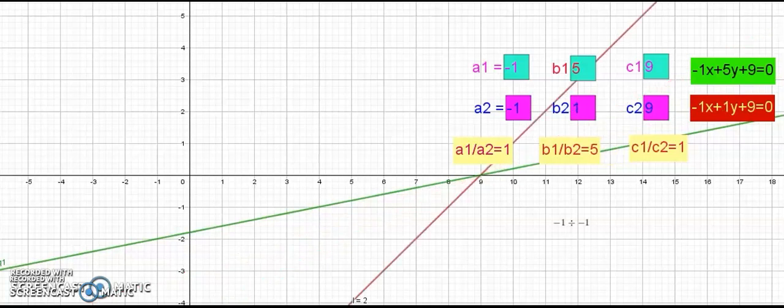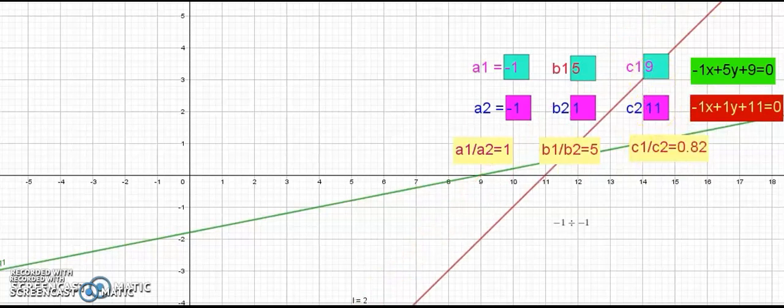You can just see when the ratio is being changed, that is a1 by a2 is different from b1 by b2, which is 5 now, you can see that the lines are intersecting. Now c1 by c2 is different.